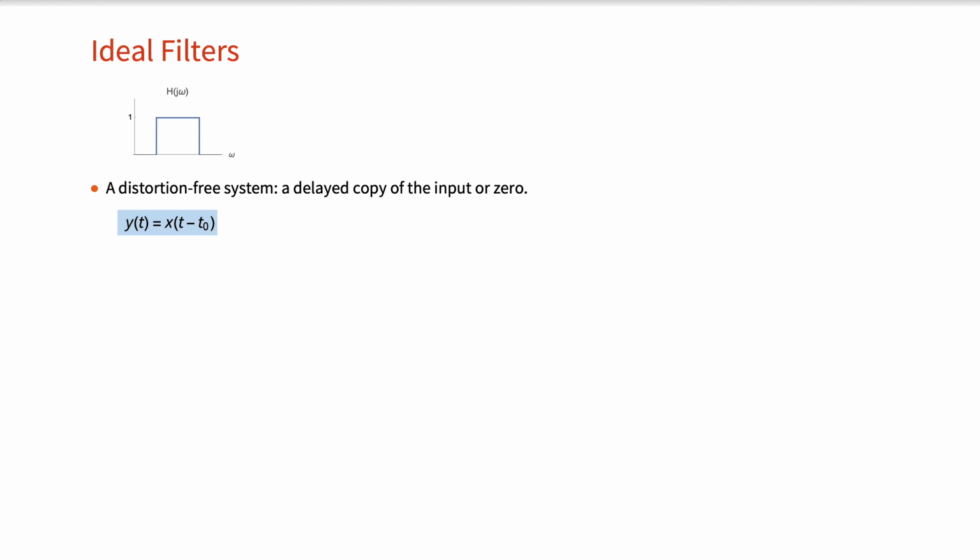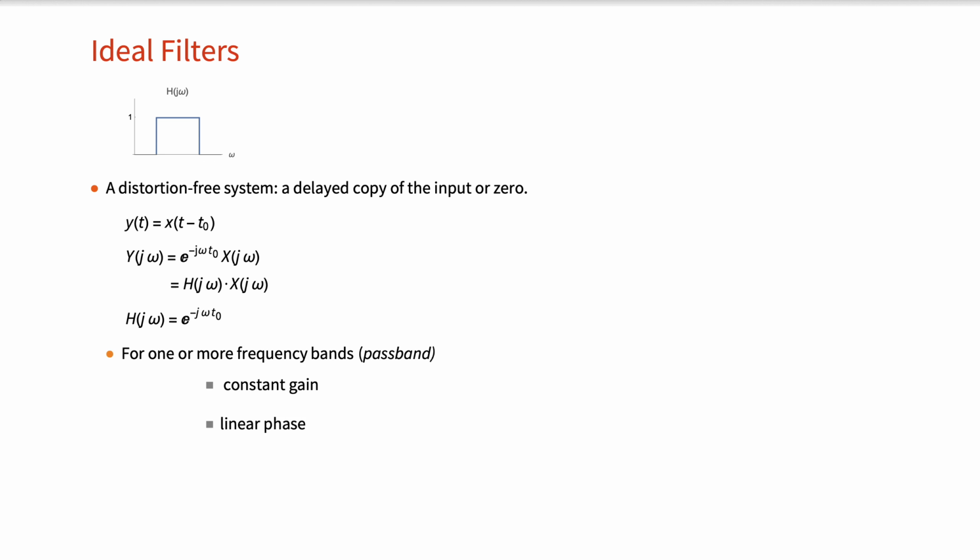When the output is a delayed copy of the input, using the Fourier transform time-shifting theorem, in the frequency domain, the input and output will be related as indicated here, which gives e to the power minus j omega t0 as the frequency response of the ideal filter. As you can see, the absolute value of h of j omega here is 1. So an ideal filter has constant gain and linear phase over one or more frequency bands, and it has zero gain otherwise.